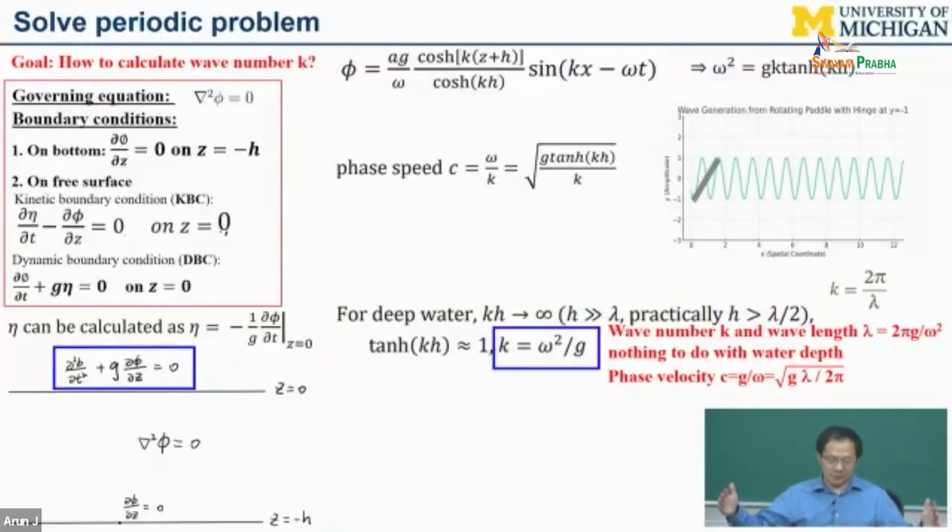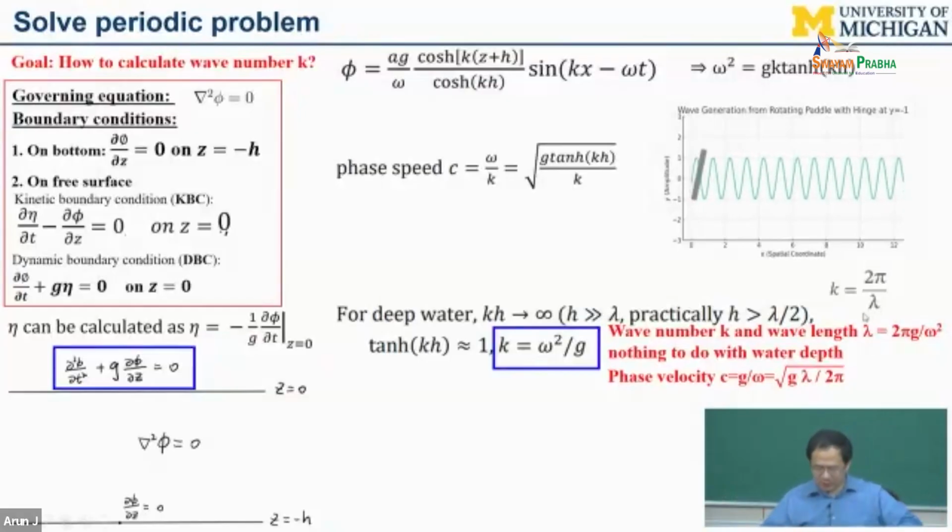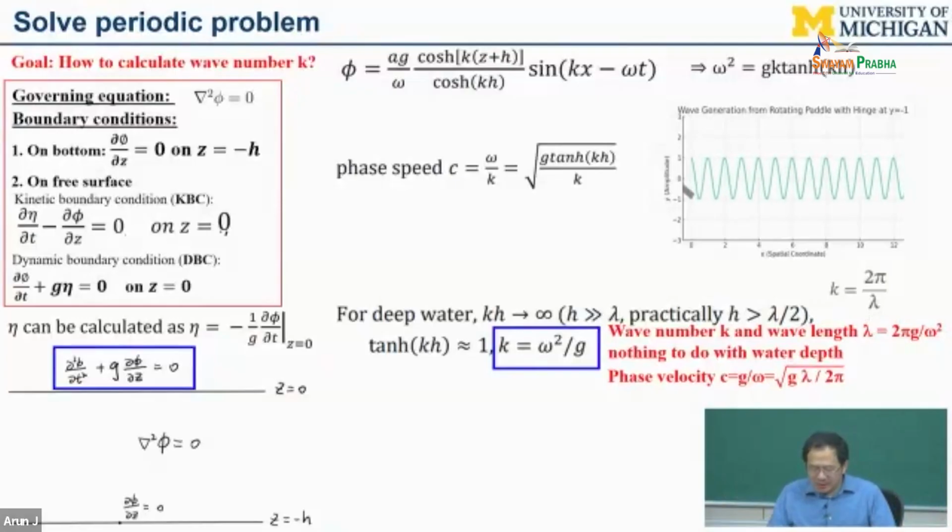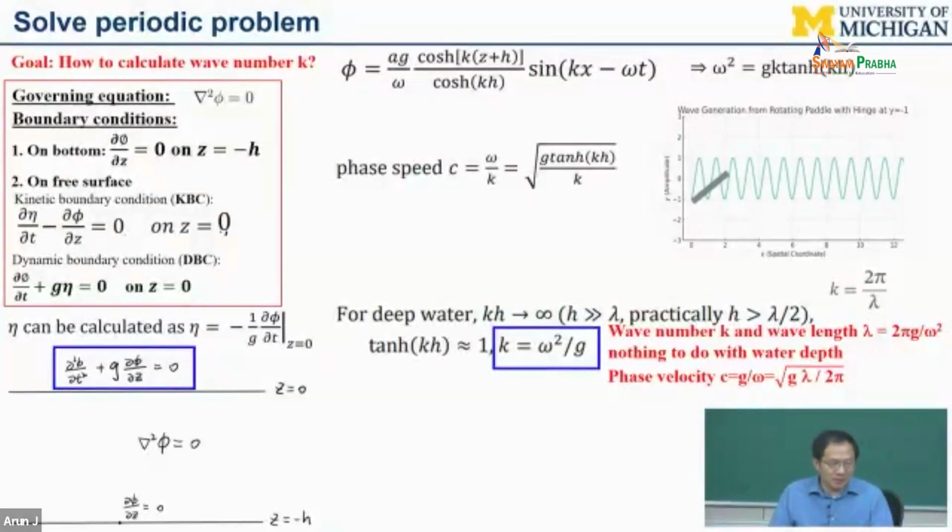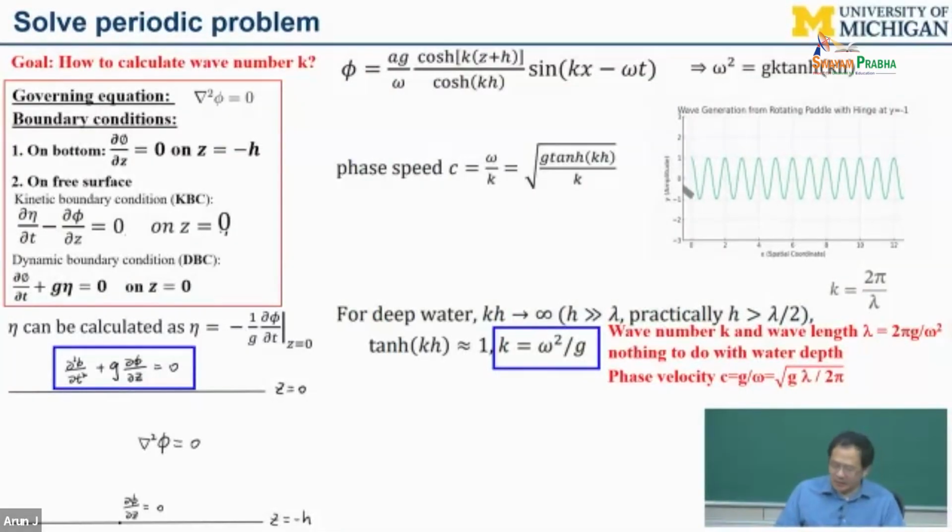So the wavelength can change 4 times. Again, here the wavelength has nothing to do with the water depth. So in the very deep ocean, you have frequency omega and wave number, and the relationship has nothing to do with the water depth.